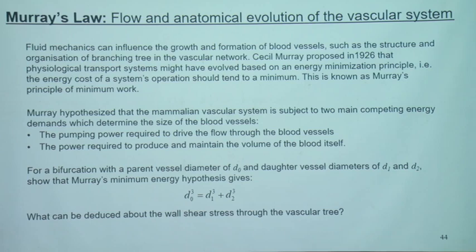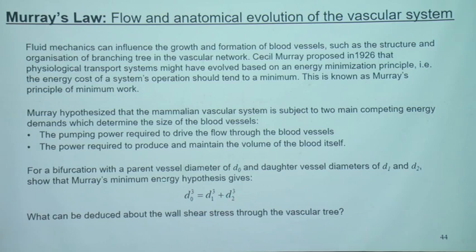And so, if it follows that rule, the conclusion is the well-known Murray's minimum energy hypothesis. If you consider a bifurcation, where the vessel branches into two branches, we have a parent vessel with a diameter D0, and it gives out two daughter vessels, each with a diameter D1 and D2.